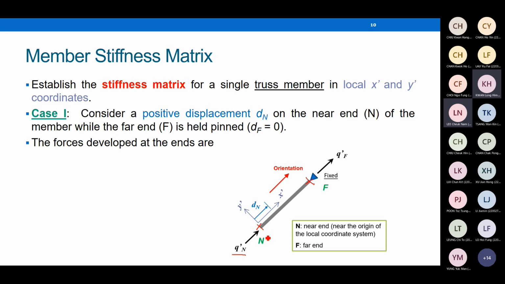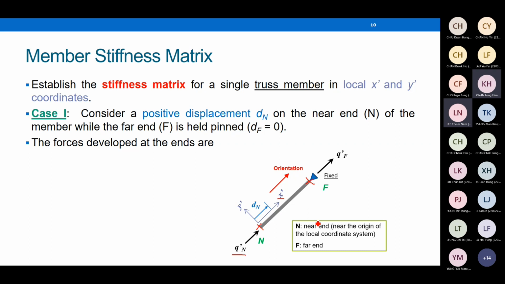To make the equation more general, I assume that the forces at node N and node F are pointing along the x prime direction. When you do the calculation, if you find that the value is negative, negative means the force should be opposite. This is how we derive the equation.